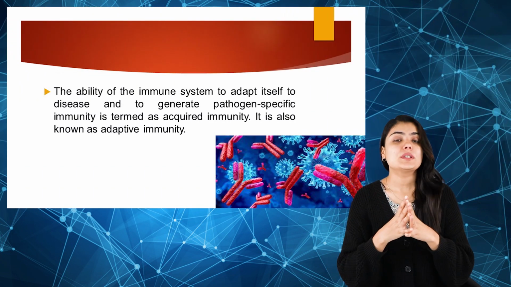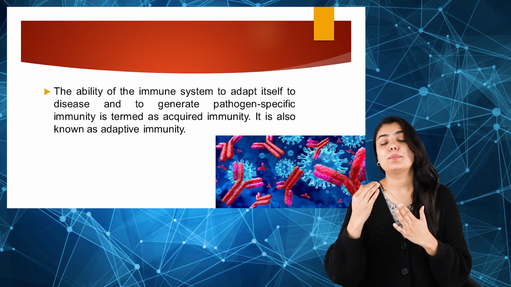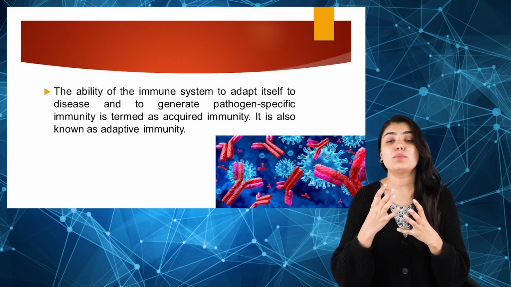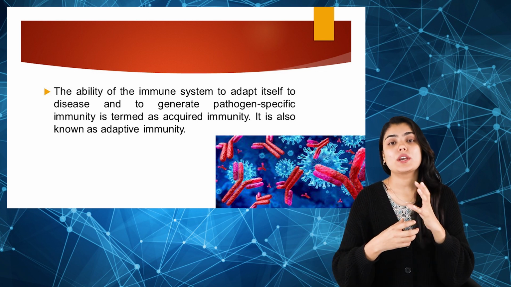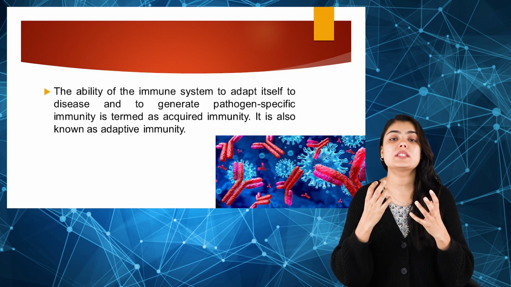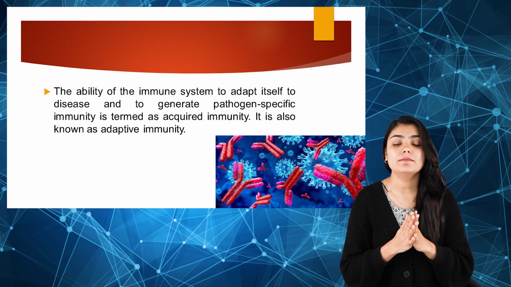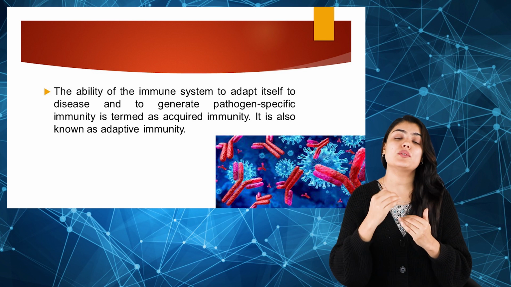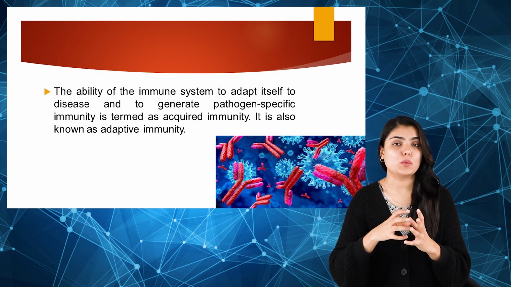The acquired immunity, as I said, is also called as adaptive immunity, and it is the immunity that is developed by our body. It is the ability of the immune system of an individual's body to adapt itself and to generate pathogen-specific immunity.